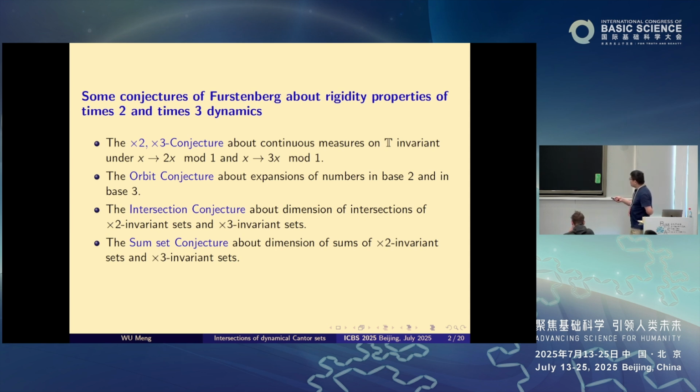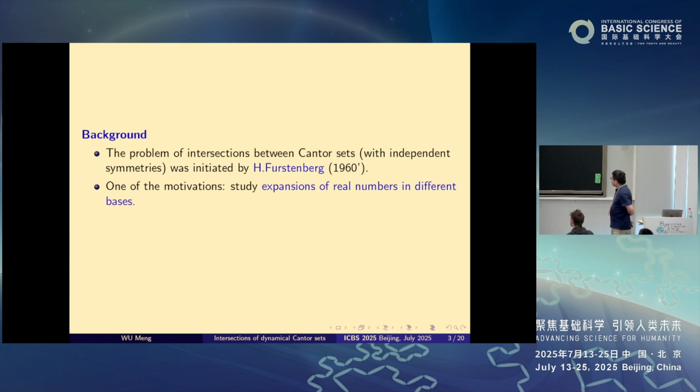In this talk, we will mainly talk about these two conjectures. The first one is still open, and the second one is also open. Actually, it's very much open. But the last two are now solved. So we study the intersection of Cantor sets with independent symmetry.